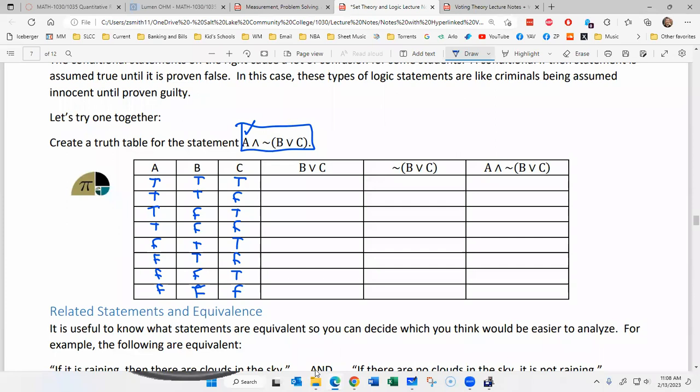So B or C. So we're looking at the B. This thing is just so argumentative. There we go. The B or the C. Or. Now, or is almost always true.